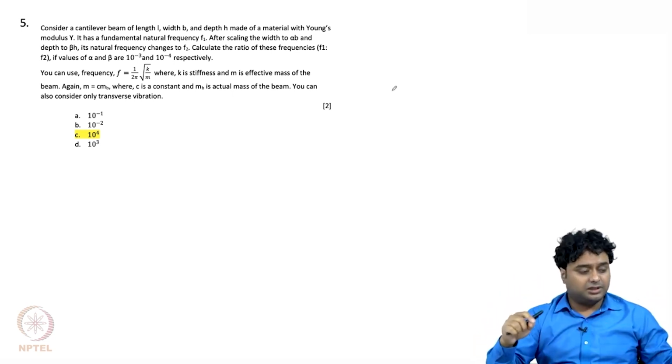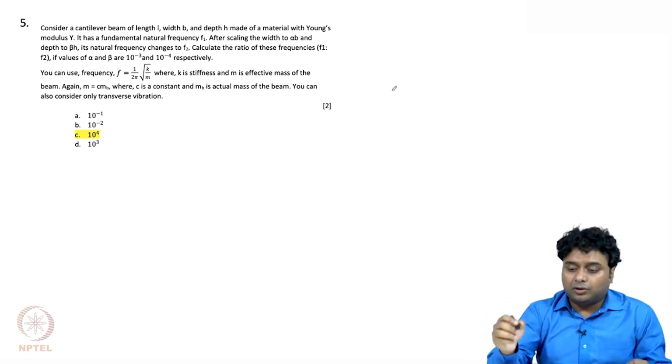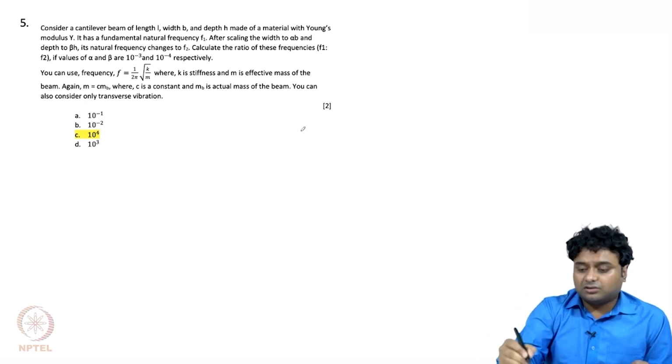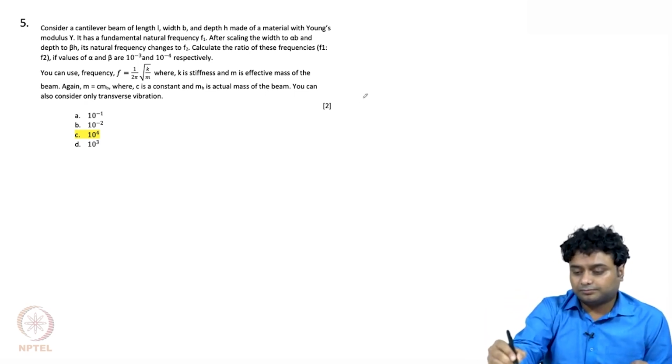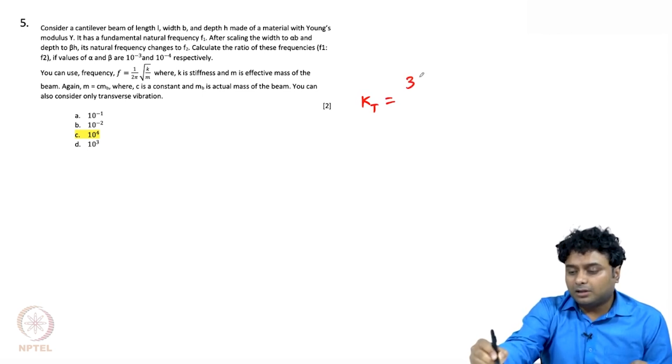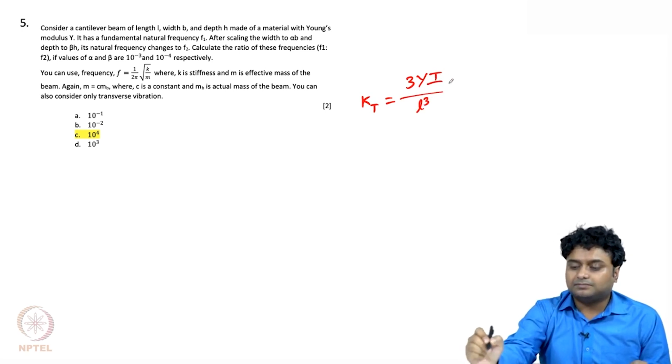So this is transverse vibration, and for transverse vibration we know that the stiffness constant, let us call it Kt, is equal to 3 YI or EI by L cube, where Y is the Young's modulus and I is the area moment of inertia.